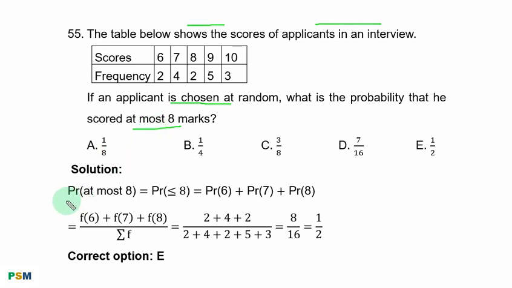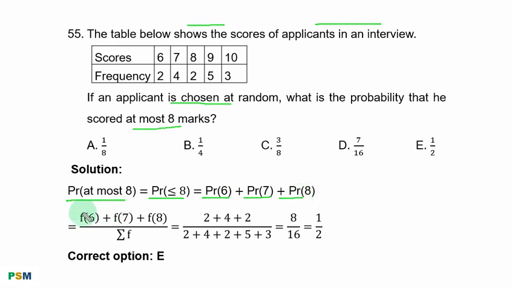Solution: probability at most 8 is equal to probability less than or equal to 8, and that is probability 6 plus that of 7 plus that of 8. We are interested in how many applicants scored 8, 7, 6.